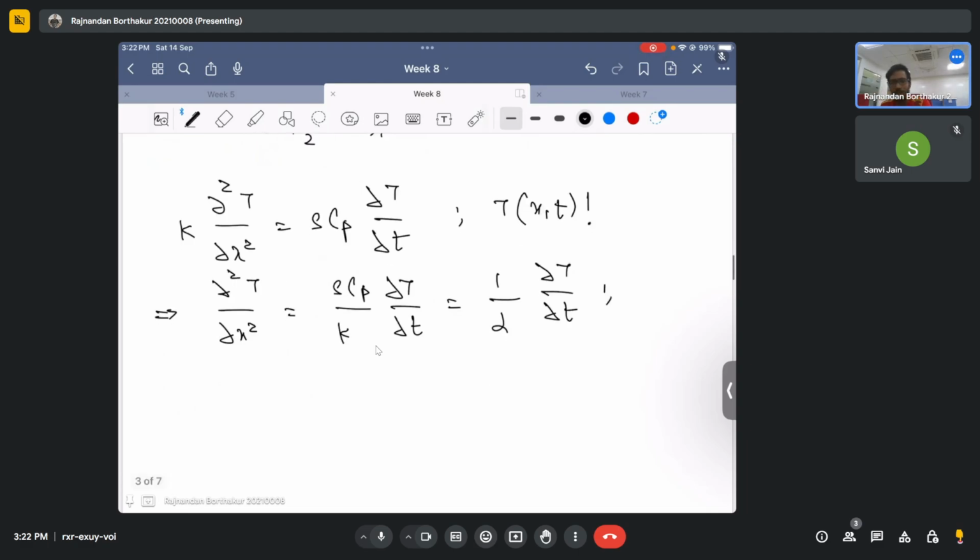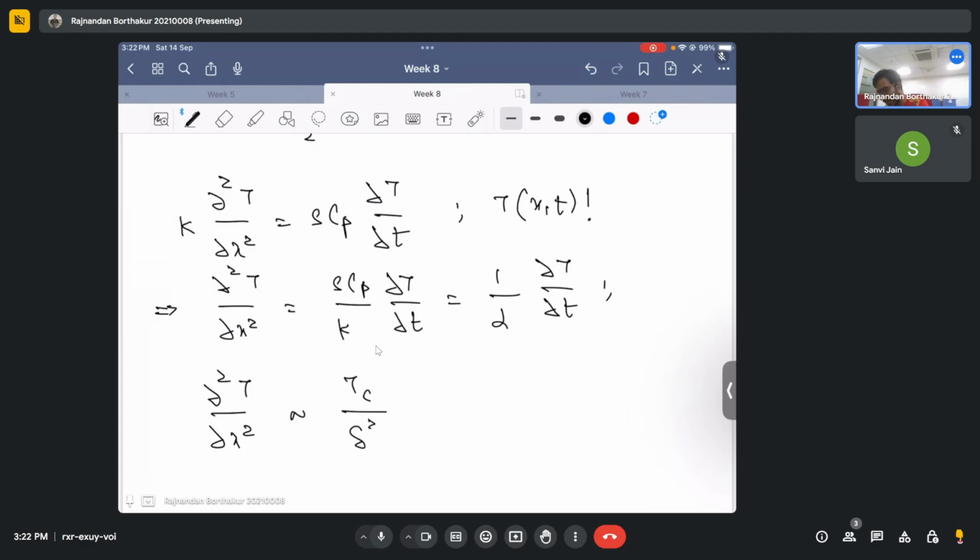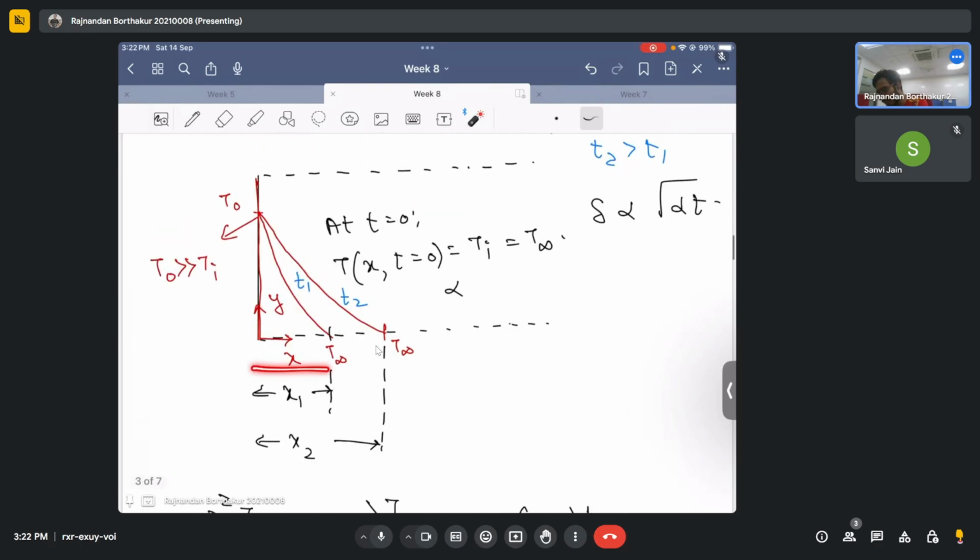Now, if you are aware of some basic order of magnitude analysis, or at least know how to scale certain terms in a differential equation, then you can say that the term del square T by del x square scales as some characteristic temperature divided by delta square, where delta is the same delta that denotes the distance up to which your conduction wavefront has propagated.